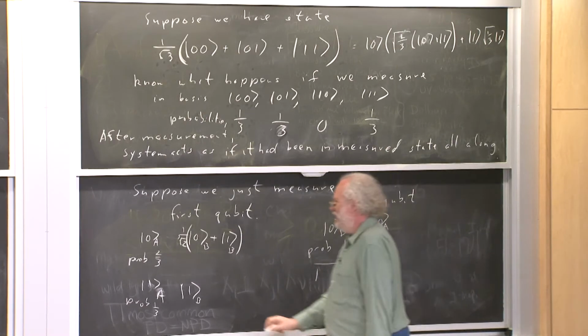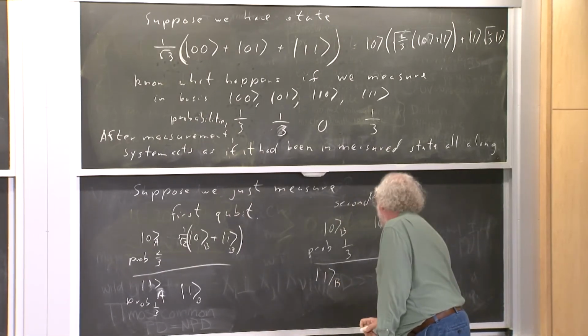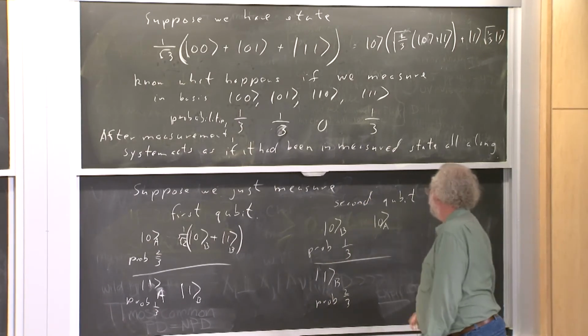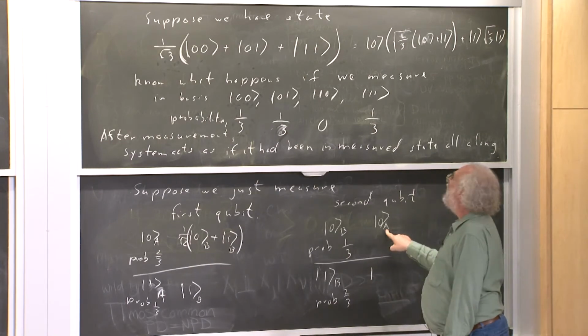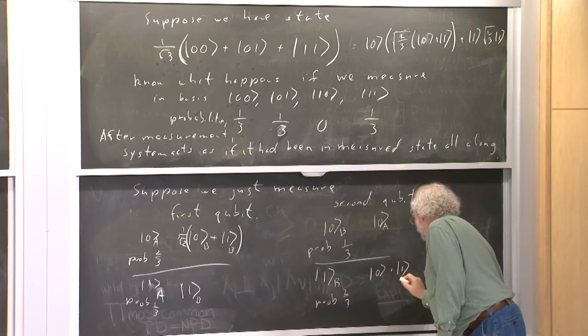And you would get 1 for B with probability 2/3, and A would then be in |0> plus |1>.